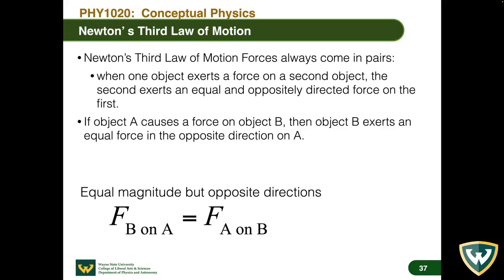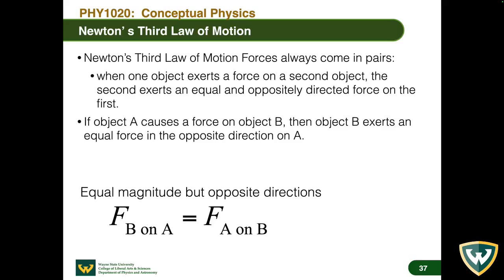If it takes a force to put an object in motion, it means the object is resisting acceleration. And this resistance is proportional to its mass, to its inertia. So if I apply a force onto an object, this object is resisting acceleration. That means it is exerting a force onto me, who is trying to push it.